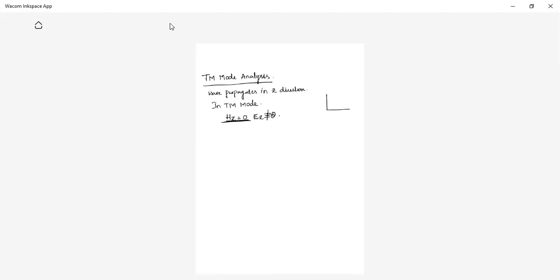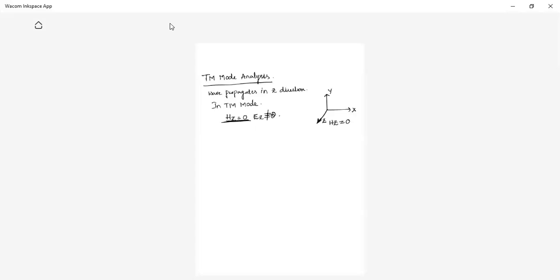So we take the electric field in the X direction, the magnetic field in the Y direction, and the wave propagating in the Z direction. Along the Z direction, we don't have the Hz component; Hz is equal to 0. What is an EM wave? Electromagnetic wave. An EM wave propagating in the Z direction has an electric field and a magnetic field.